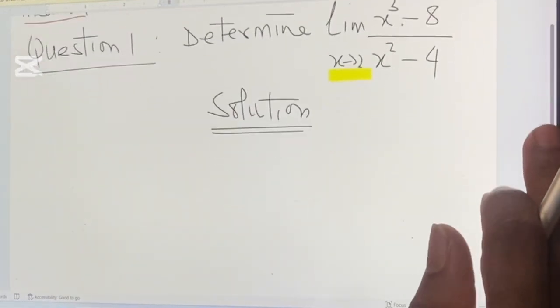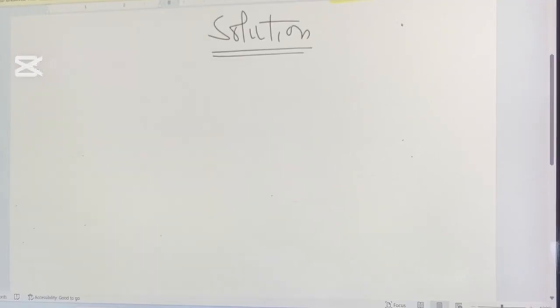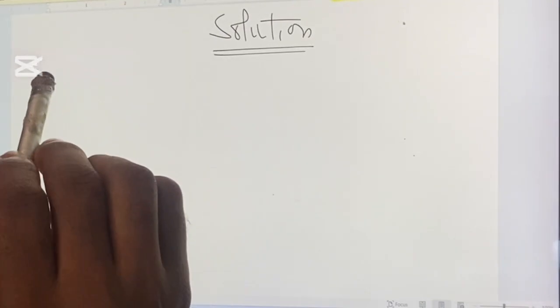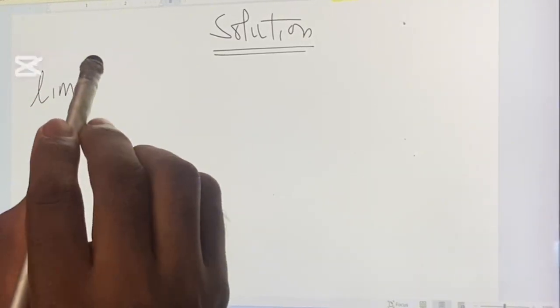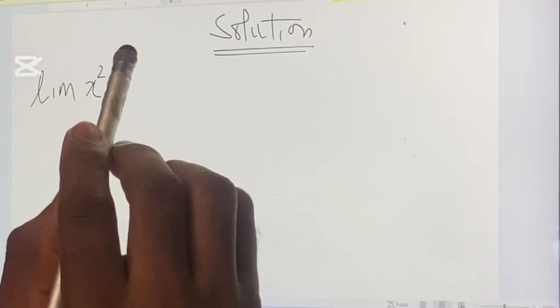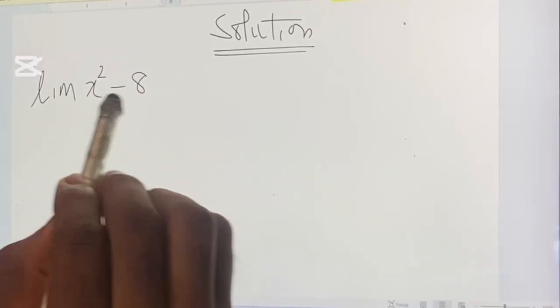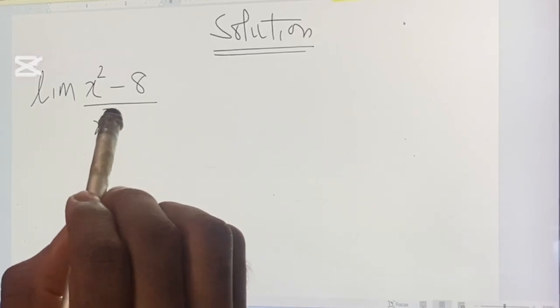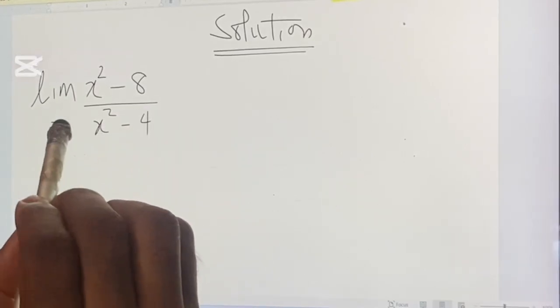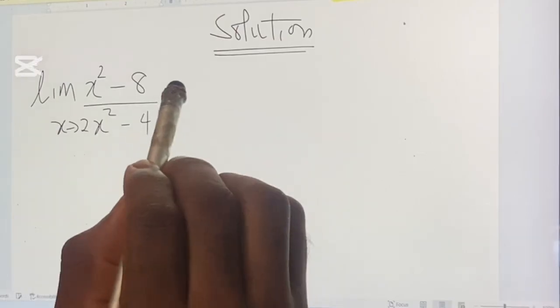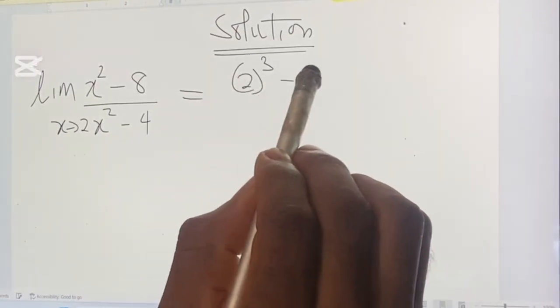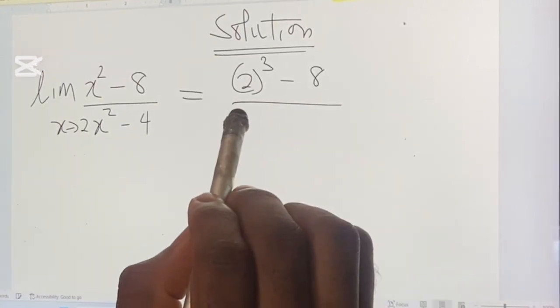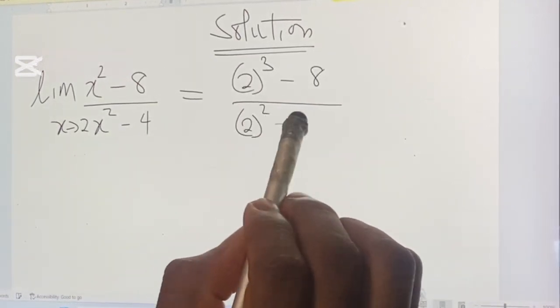When you do that, we have something like this: 2 raised to the power of 3 minus 8 divided by 2 raised to the power of 2 minus 4.